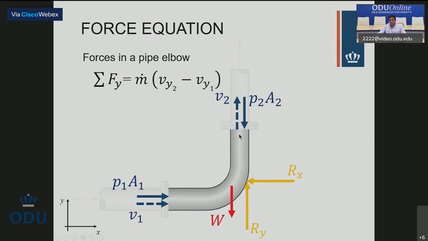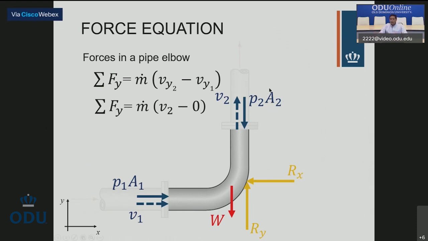What happens to be that the velocity B2 is fully vertical, meaning that this BY2 is this B2 right here. And if I go for BY1, that's the vertical component of the velocity at point 1, but there is no vertical component, so this guy got to be 0. Zero, nada.